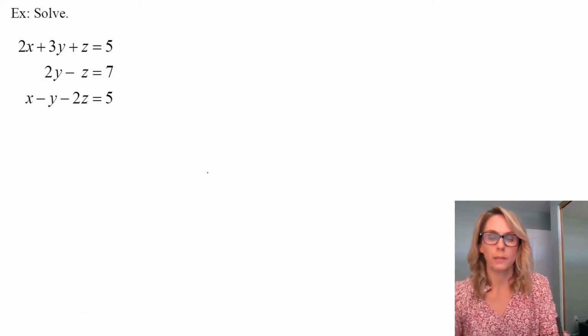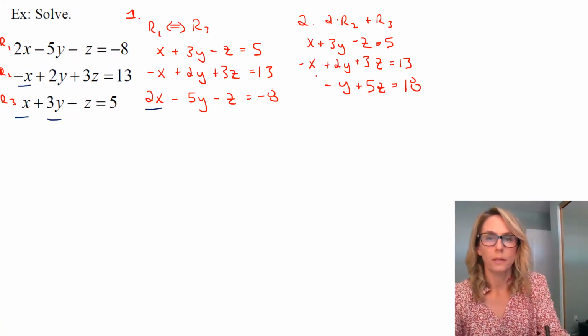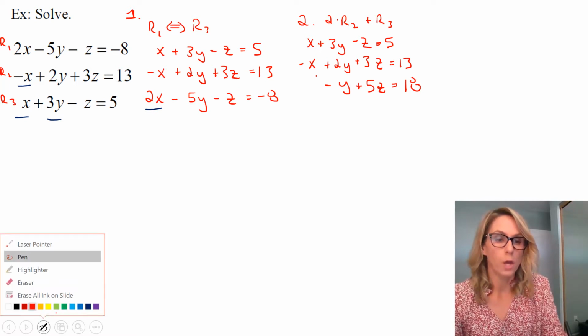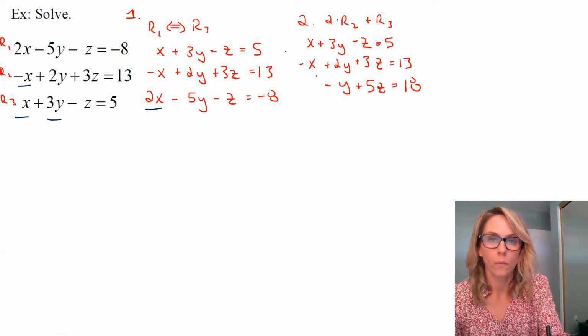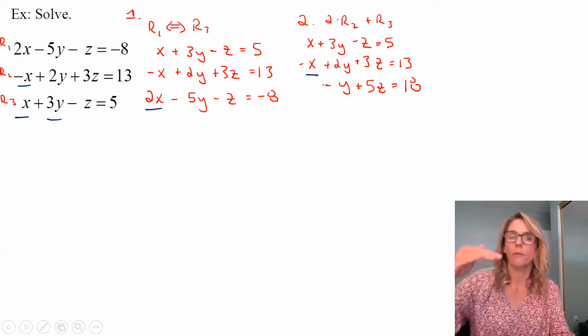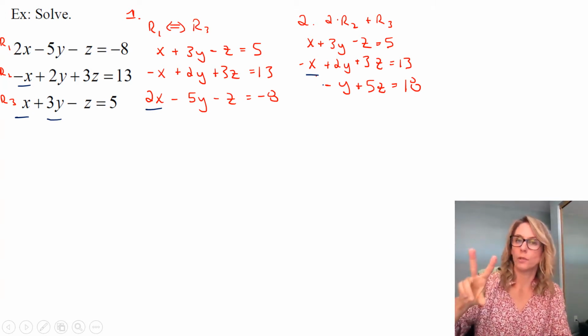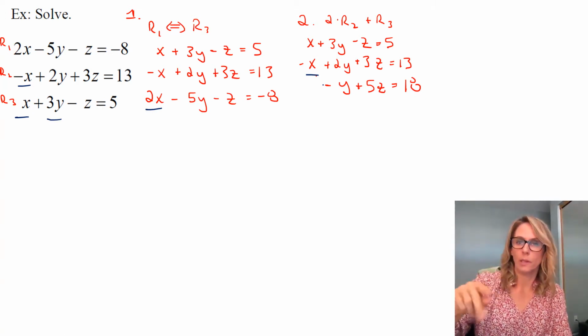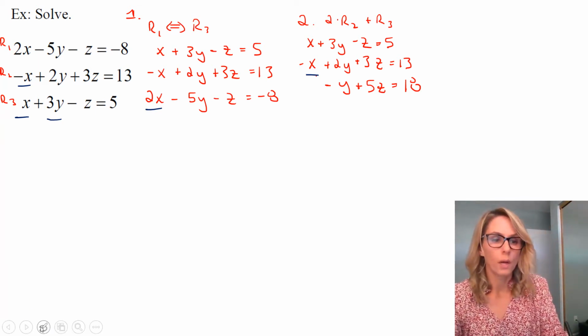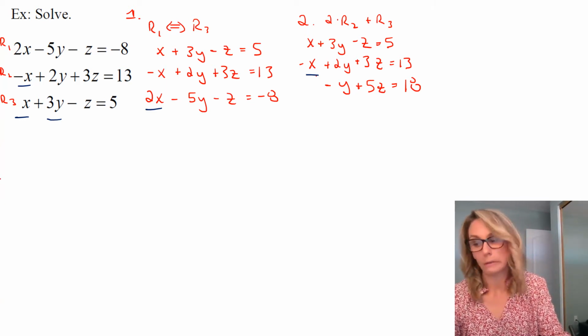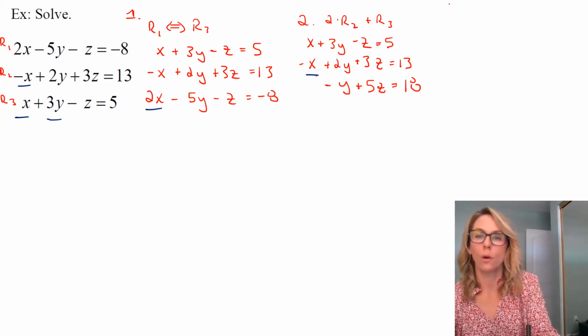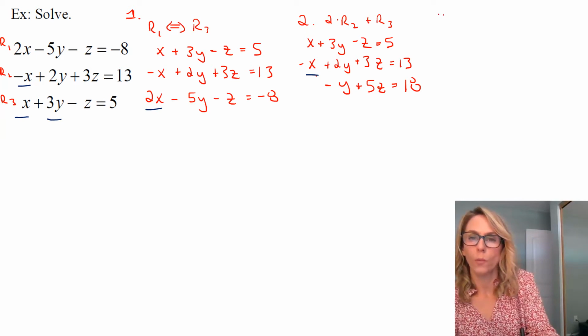So the next best move would be to do that, because then we have row 2 and row 3 only have 2 variables, so then it's easy to eliminate the y in row 3. So that will be my next move. So let me see my spacing here. Okay, so maybe I'll try to fit one more over here.